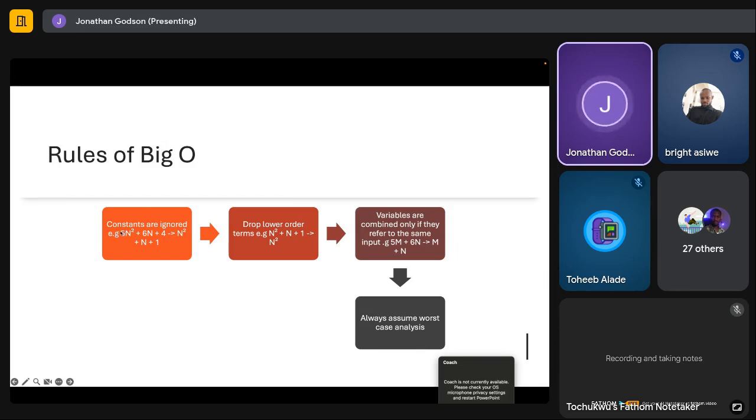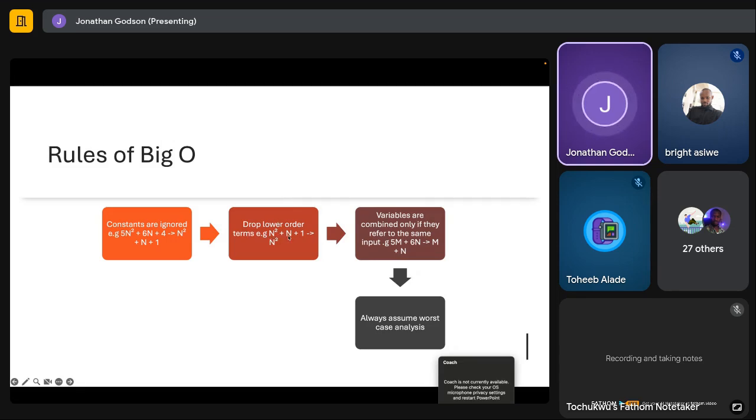First of all, you eliminate the constants, the coefficients of n squared, 5 here, 6 here, and you change 4 to 1. Then you drop the lower order terms.